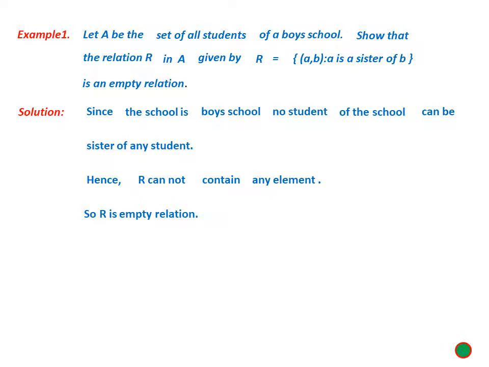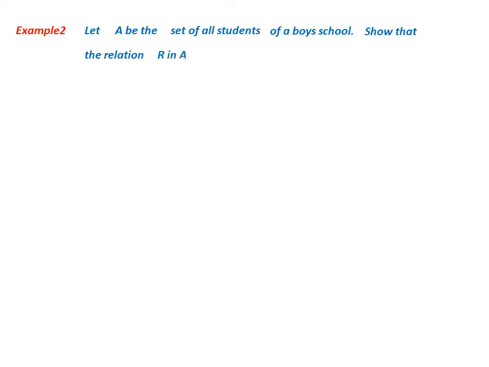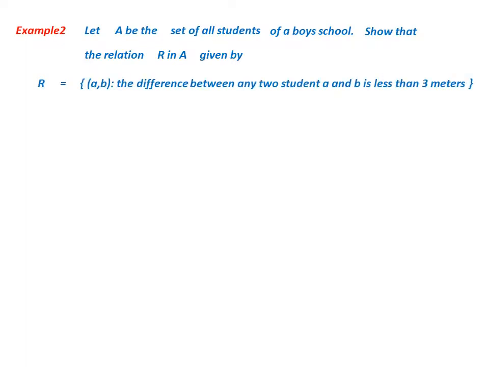Let me take the next example. Example 2. Let A be the set of all students of a boys school. Show that the relation R in A given by R equals (a, b) such that the difference between the heights of any two students a and b is less than 3 meter is the universal relation.